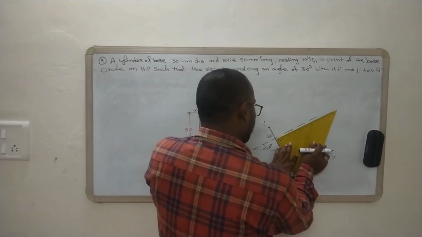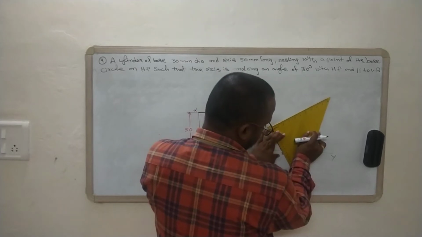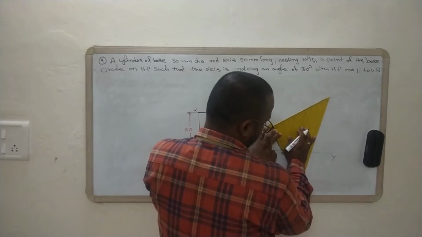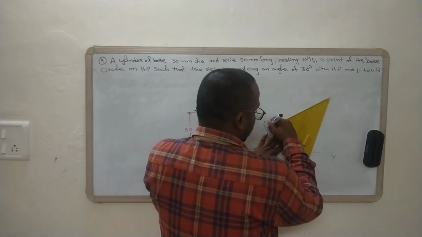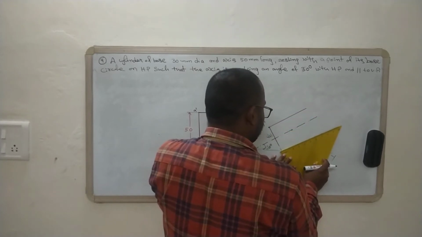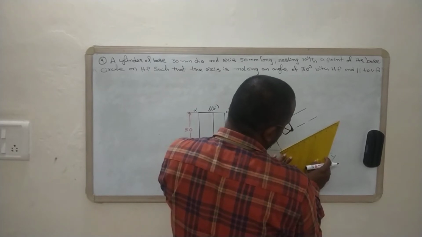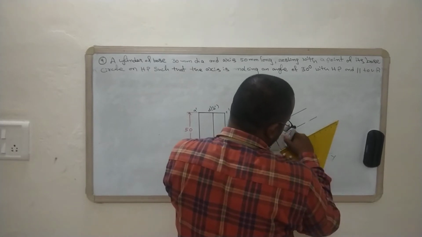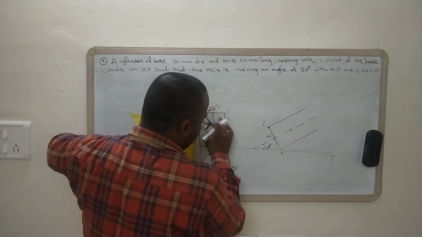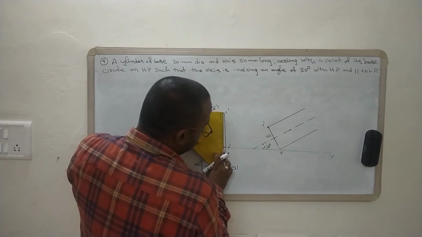Then perpendicular to that particular line, the height of that particular axis is about 50 mm. Please remember that. So equal to this height. As it is, the box should be rotated about an angle of 30 degrees.